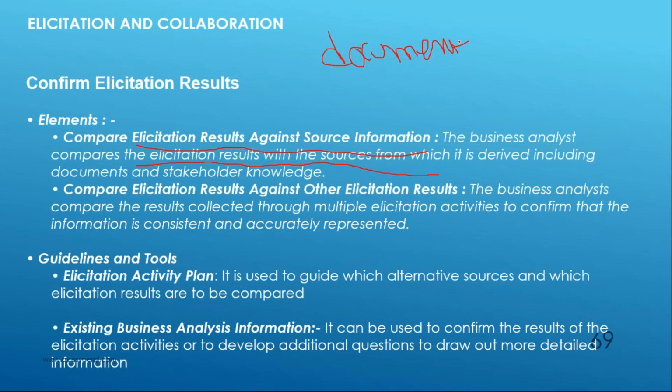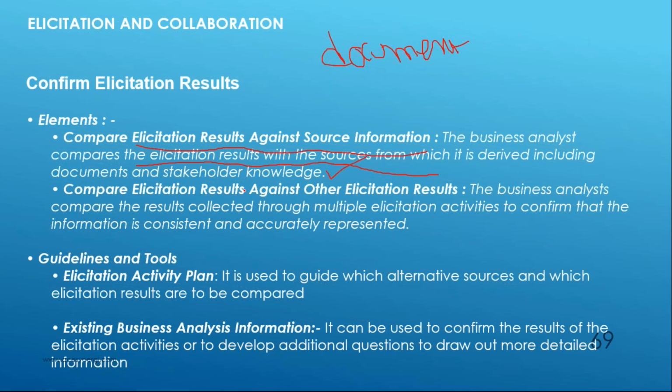You need to get confirmation on that information, so you go to the stakeholders and ask: is it authentic? Does it contain any missing information? That's where you compare your elicitation result with the sources from which it is derived, including documents and stakeholder knowledge.